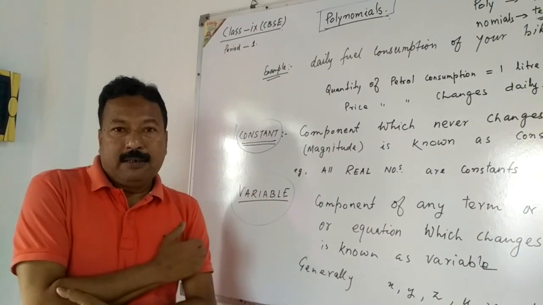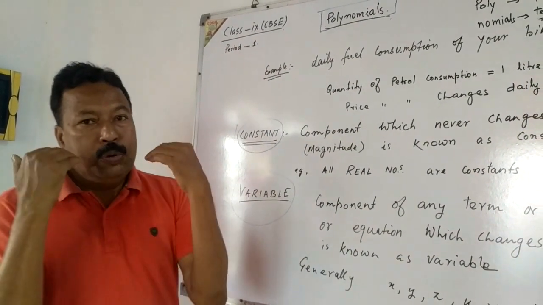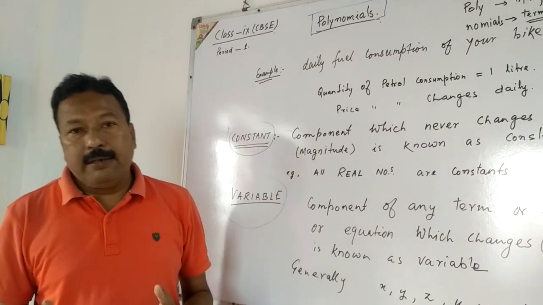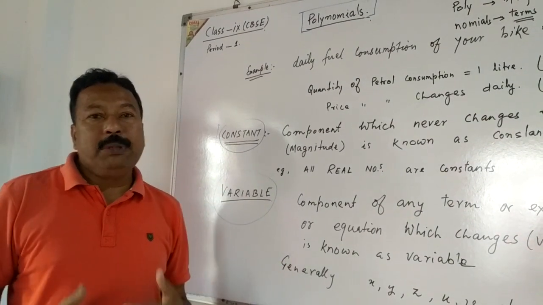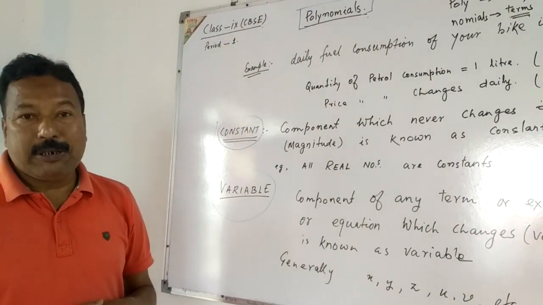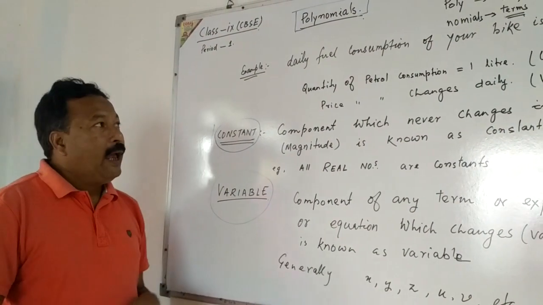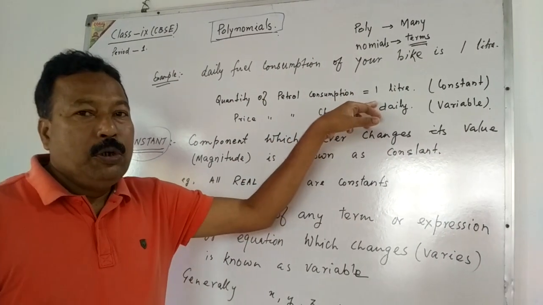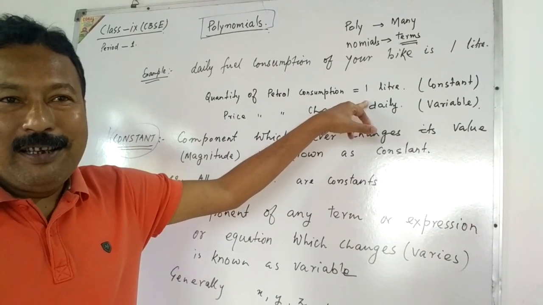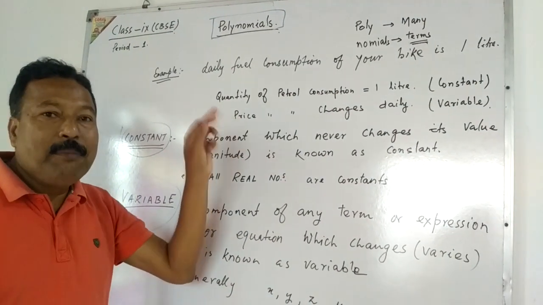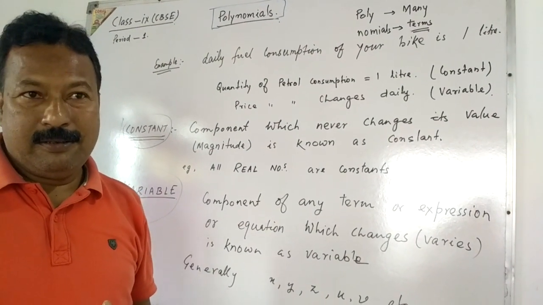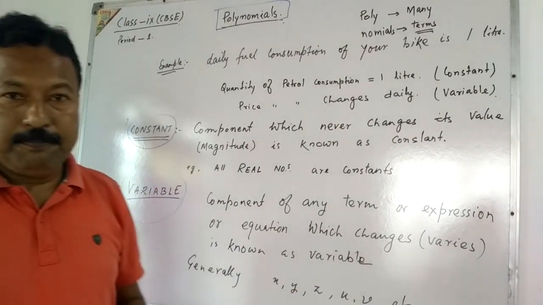You have a bike and you need to ride your bike by consuming 1 liter of petrol daily. For that, you are buying 1 liter of petrol daily. And the price paid by you at the petrol pump varies each day.